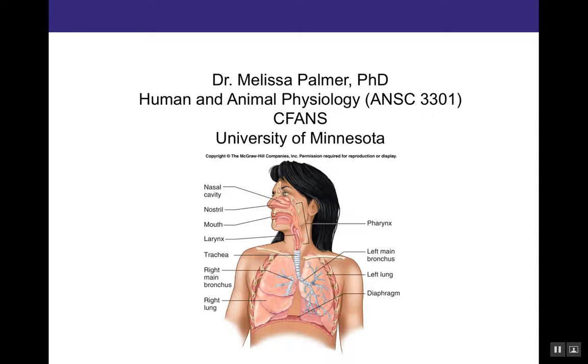It gives you some idea of the levels of oxygen in different parts of the circulatory system. The venous blood has about 40 millimeters of mercury. Arterial blood is about 100 millimeters of mercury. Alveoli about 105, and the atmosphere, it's 160.